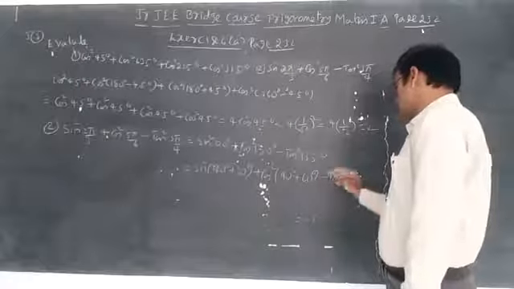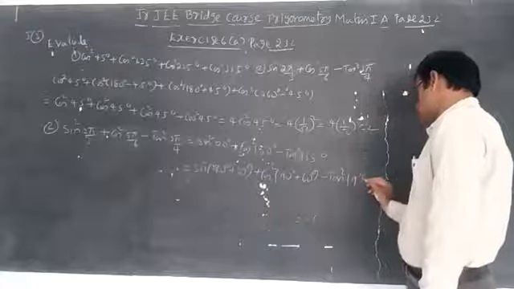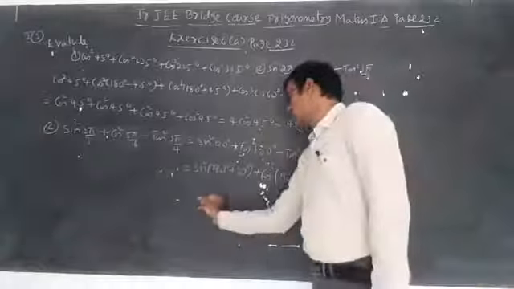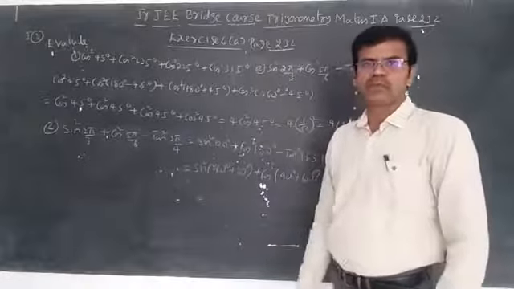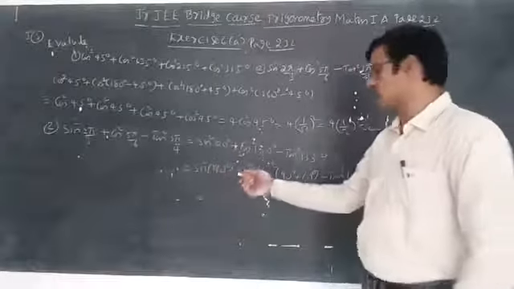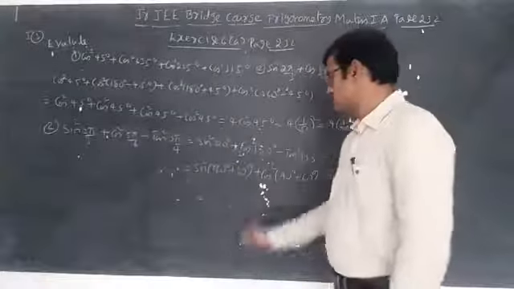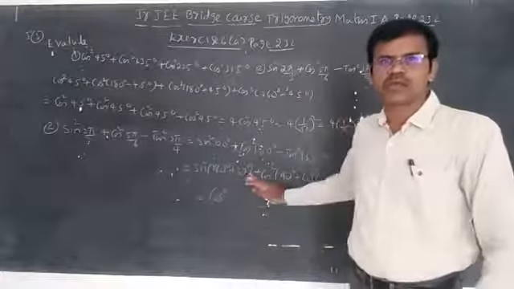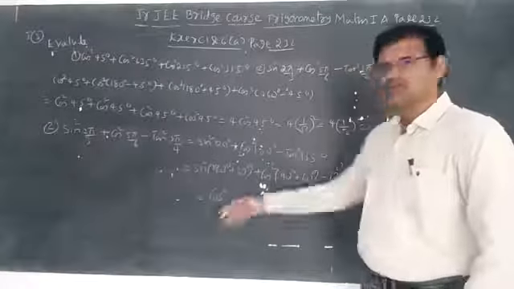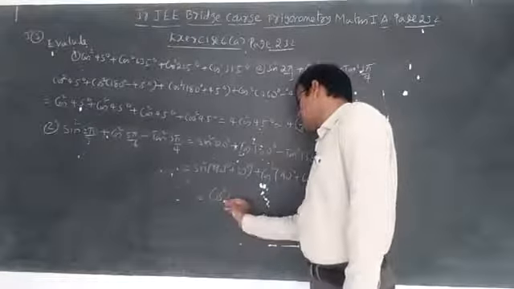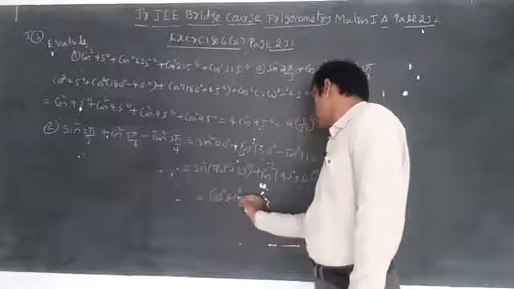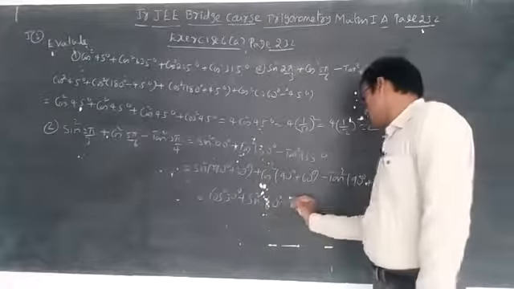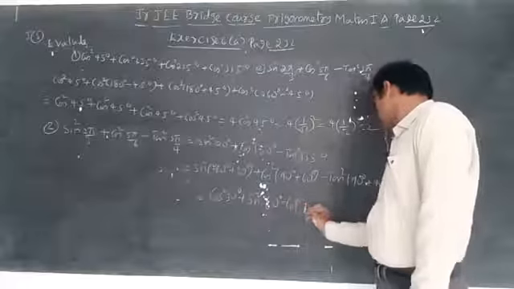In 90 plus theta the name will be changed, and sin of 90 plus theta becomes positive. There is no question of positive or negative while squaring trigonometric functions, because the square is positive. So you can write here cos square 30 degrees, here sin square 60 degrees, here minus cot square 45 degrees.